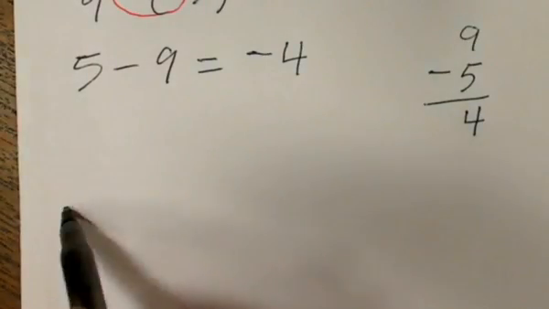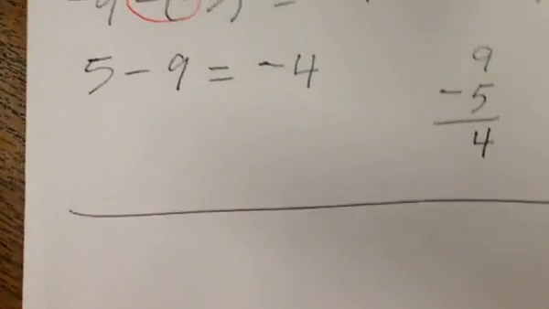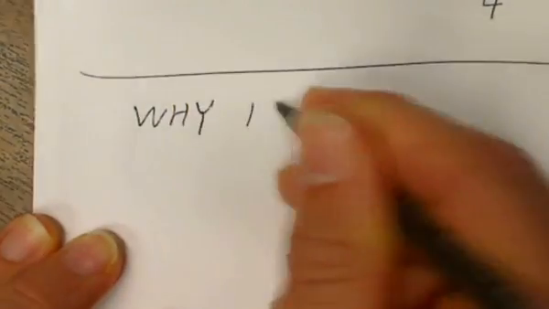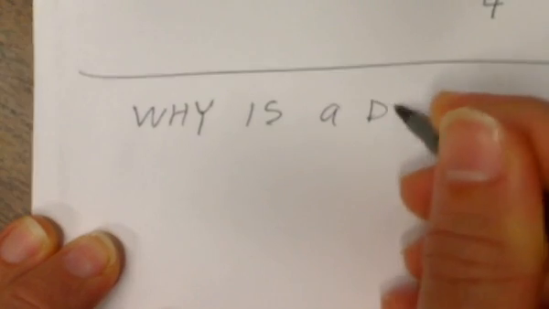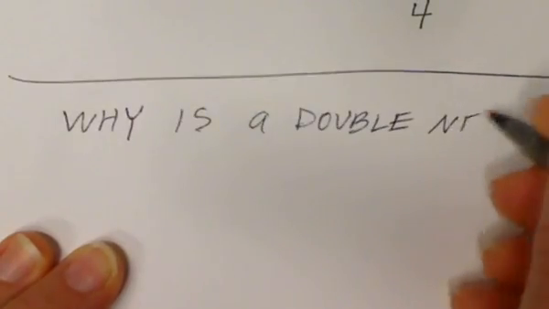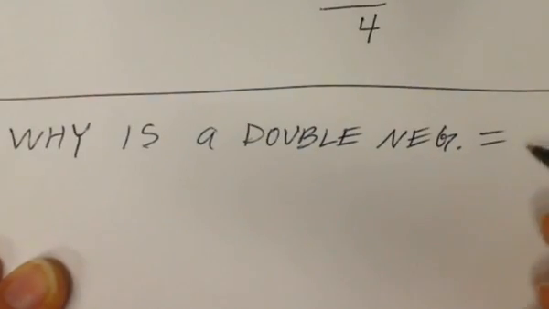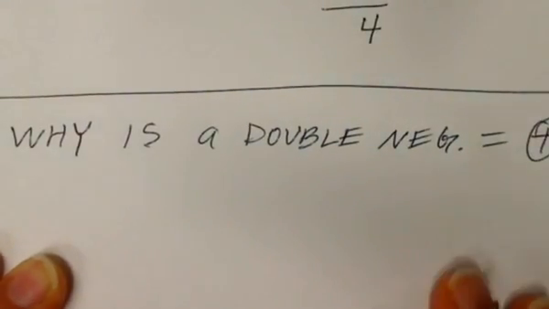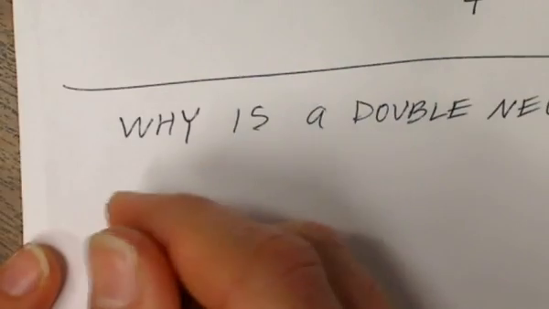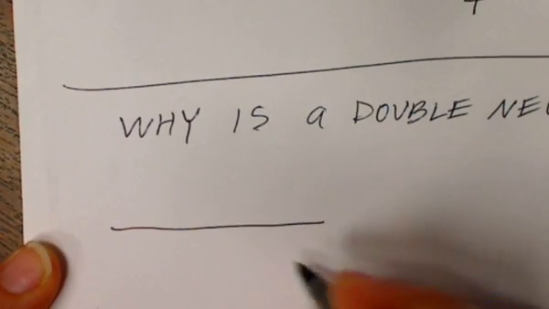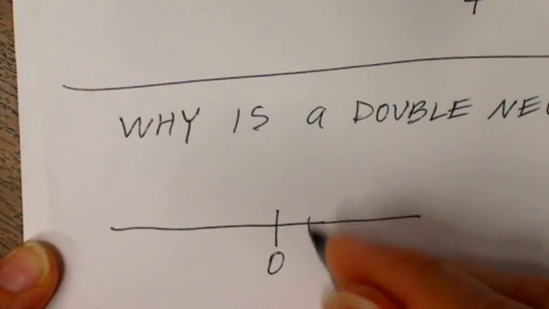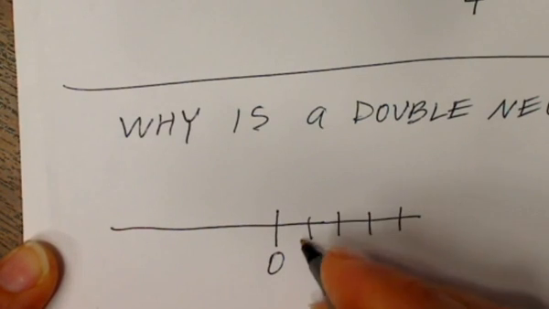Let's look now at why I said a double negative is a positive. What we're going to do is look at a number line. On a number line, you have 0. On this side, we're going to look at positive 4.